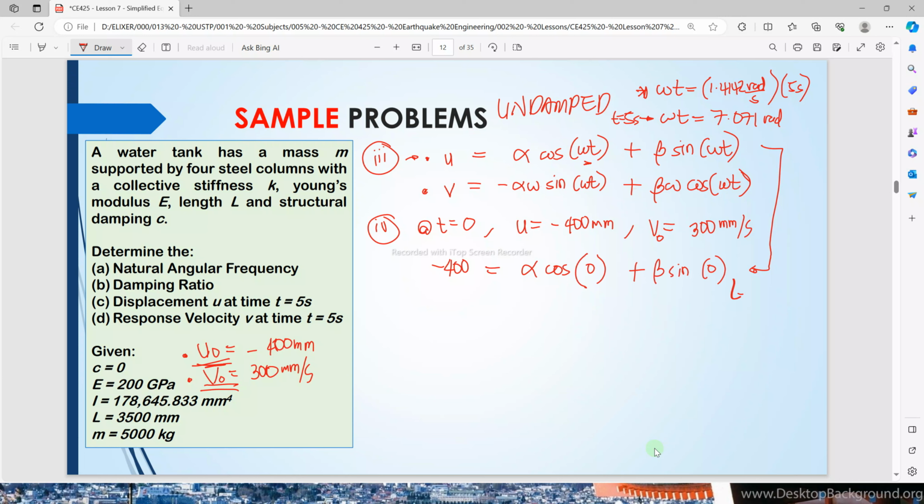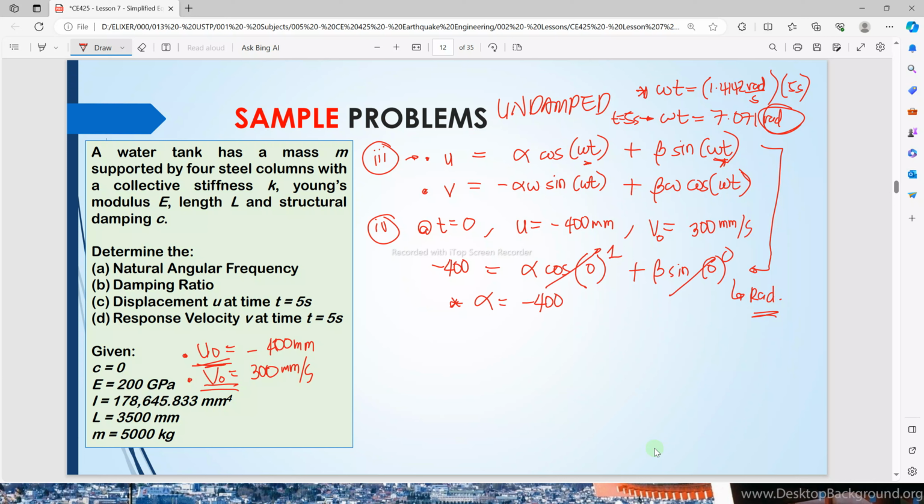Don't forget to set your calculator in radians mode, because the angle used here is in radians, not degrees. Since cosine of 0 is 1 and sine of 0 is 0, we already have our alpha, which is equal to negative 400.